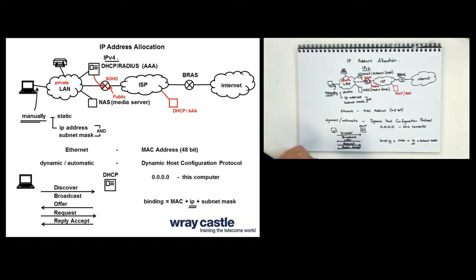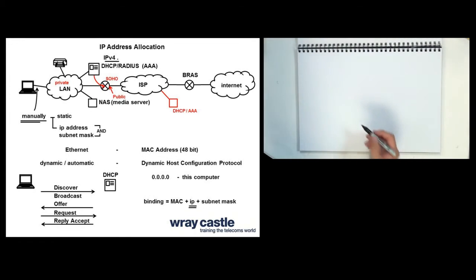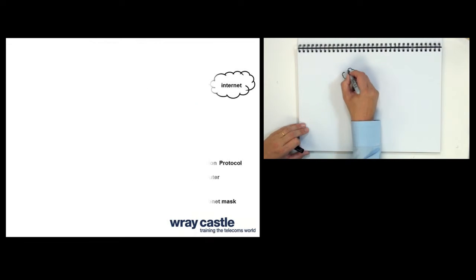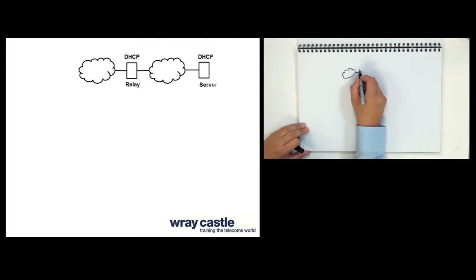And one of the other things that we haven't mentioned here is that the DHCP servers themselves may not actually be resident on the local LAN. What you can find is that the LAN you're dealing with may well have, at the edge of its LAN, a DHCP relay, and again that might be in that edge router.